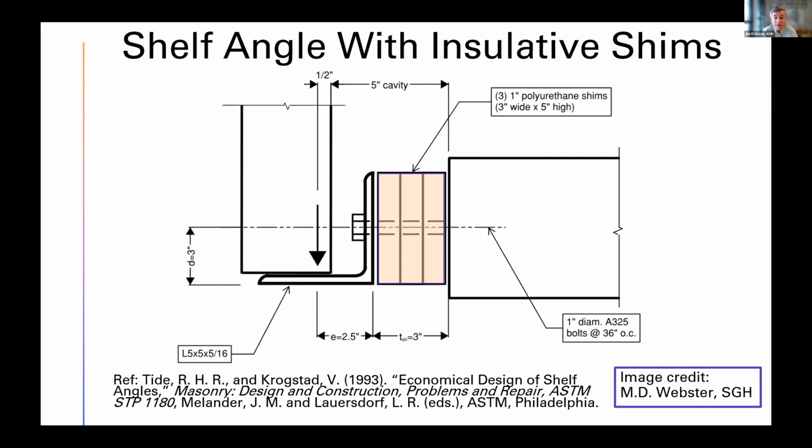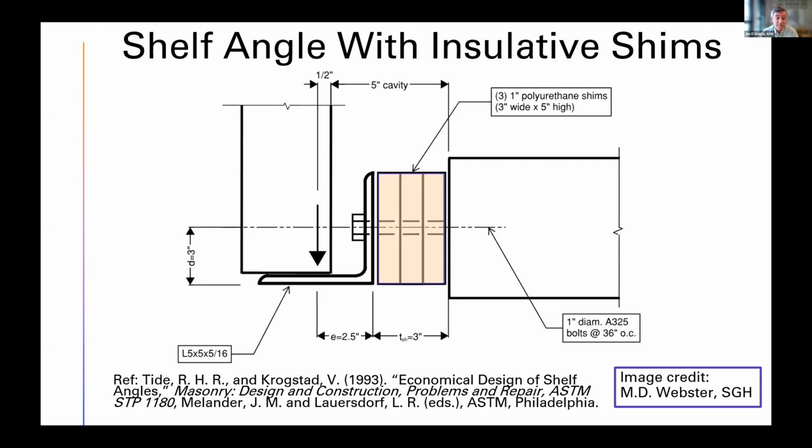This is another way to address thermal bridging at a shelf angle, and then I'll stop talking about shelf angles for a while. This is using polyurethane shims, thermally resistant, structural shim elements. You can get polyurethane in a variety of different strengths.